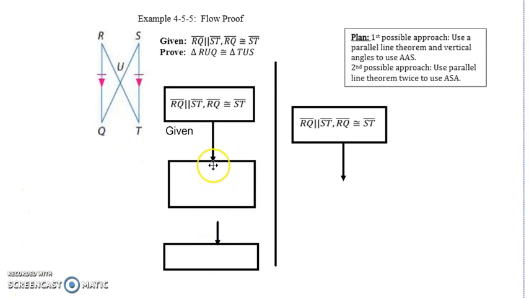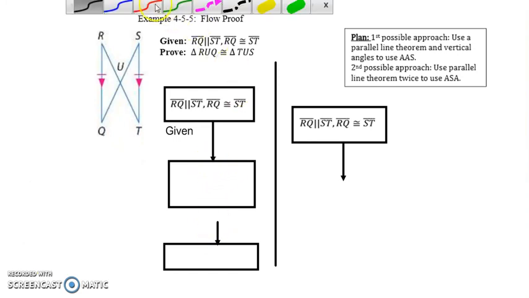All right, so for our first possible approach here, it tells us to use the parallel lines theorem and vertical angles. Okay, so the parallel lines, if we already know that RQ is congruent, it's marked, and so are the parallel lines, then we can mark R and T congruent because of alternate interior, as well as angle Q and angle S. So alternate interior angles.